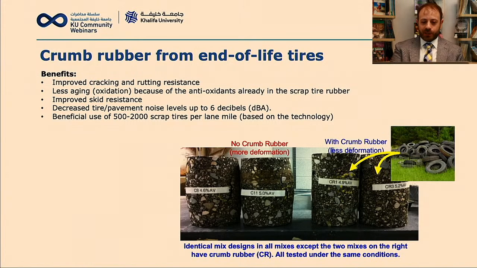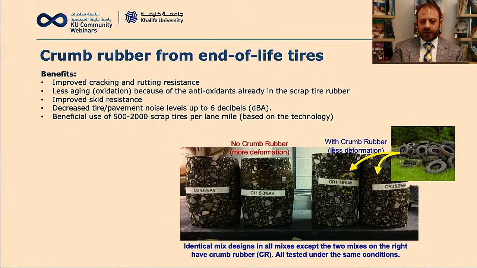a couple of pictures. Here on the left side you have a traditional HMA that has been tested for permanent deformation. So the two samples have been loaded axially in a machine, and you can see the deformation at the end of the test. You can see the bulge of these two samples.